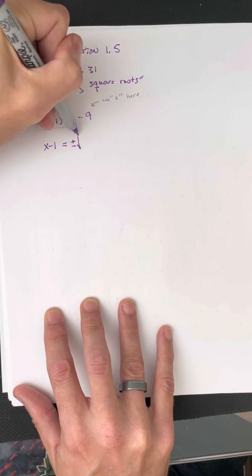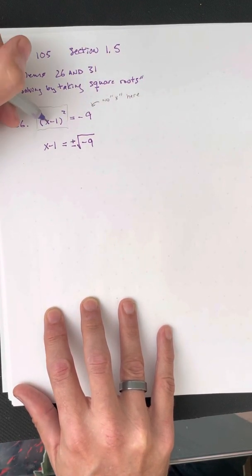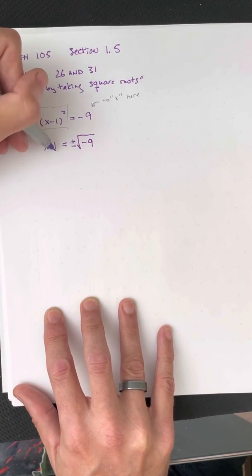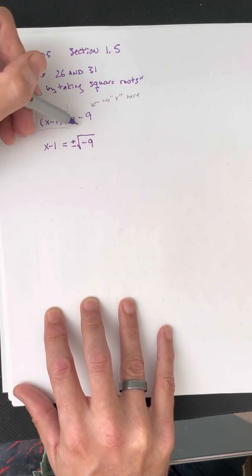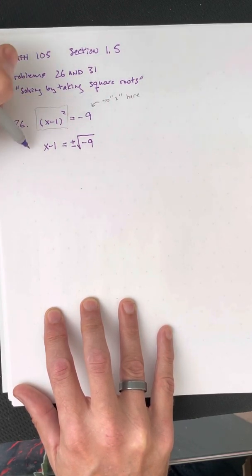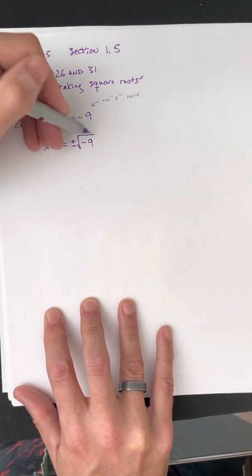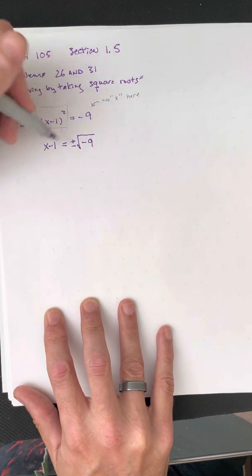There are two possible square roots. If you take the square root of something squared, you just get that thing, but it equals plus or minus. I guess you could put the plus or minus on this side, but I like to put it on that side.